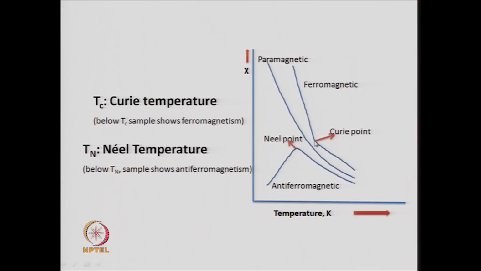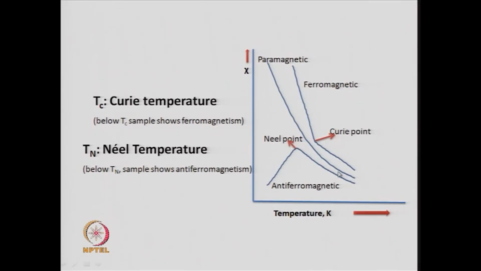Below this temperature, if you cool the sample further, the magnetization increases much more sharply, and that is why that compound is ferromagnetic, and this is a signature of a ferromagnetic transition. So, here it is paramagnetic, this is the Curie point, and this is the magnetization enhancement below the ordering temperature.